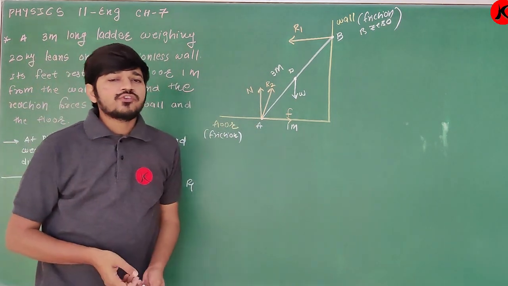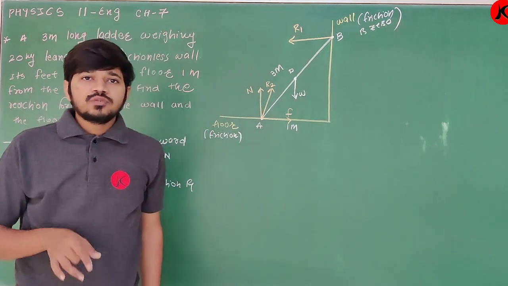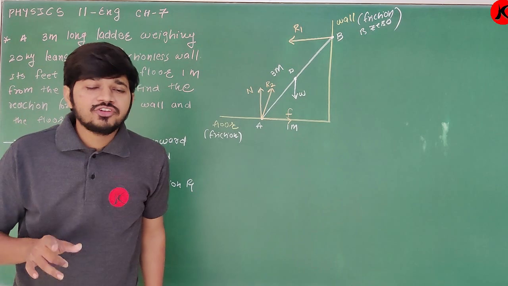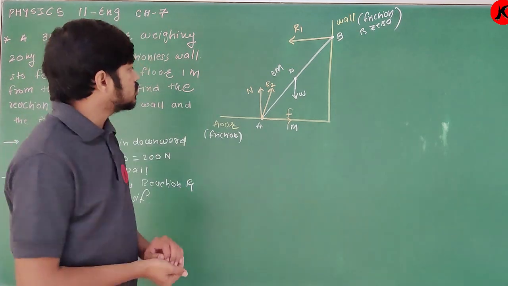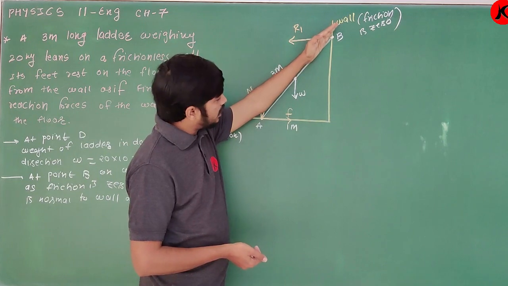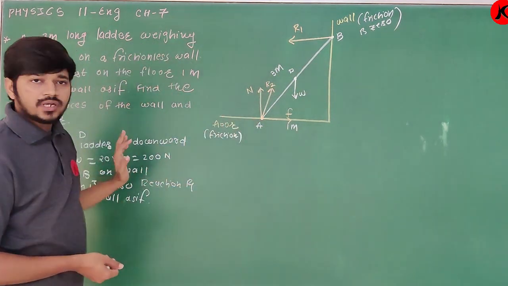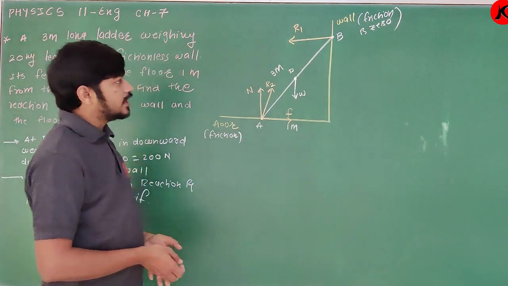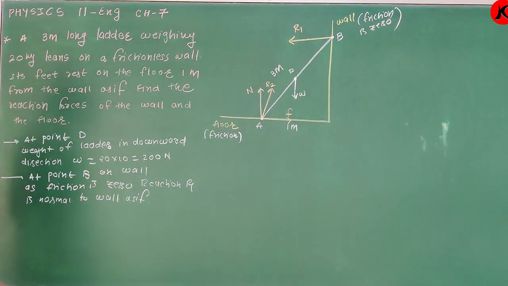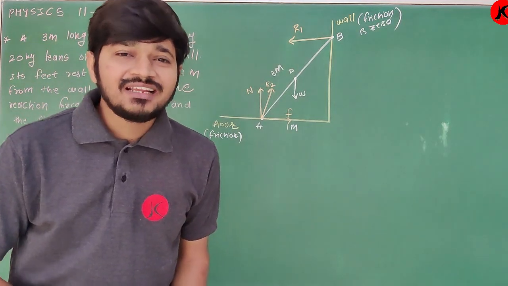And we know that the friction force is in the opposite direction of impending motion. If the floor is frictionless, it will move like this, so friction is in this direction. So this is a figure that you have to remember.